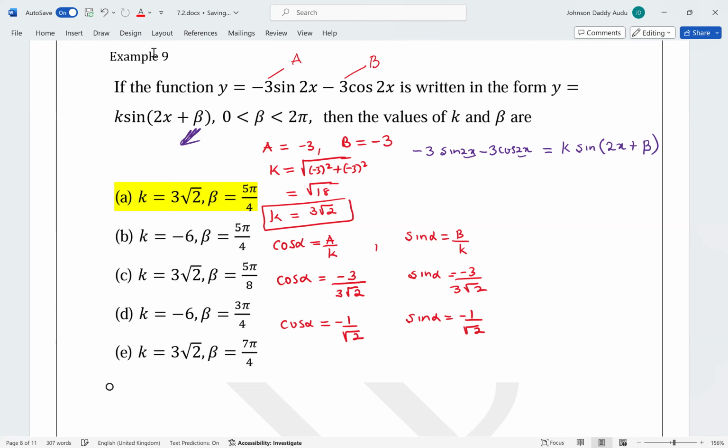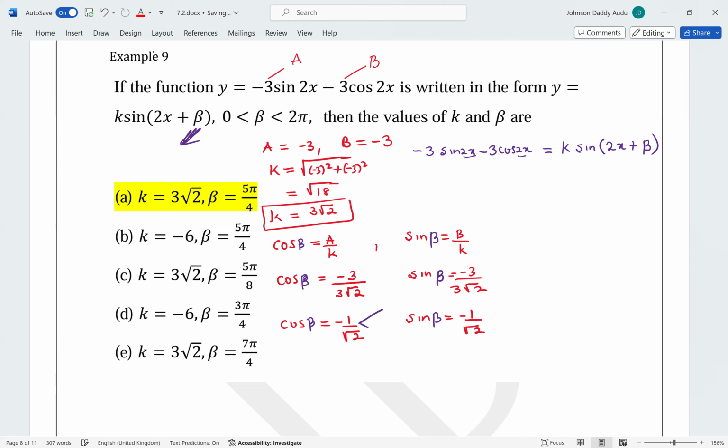So all of this should be beta. Okay, so now how do we find beta?